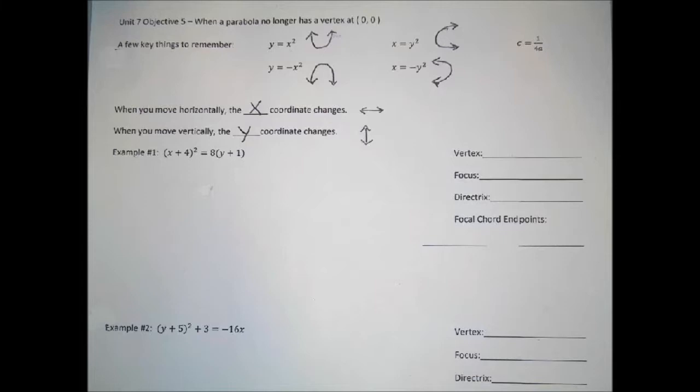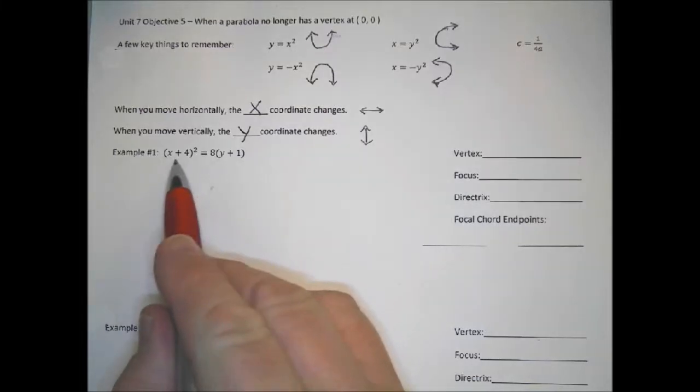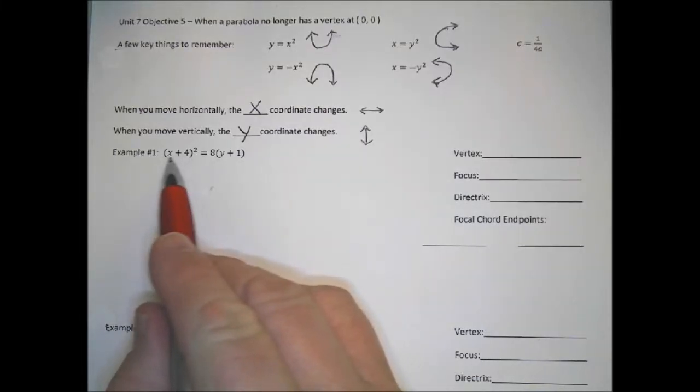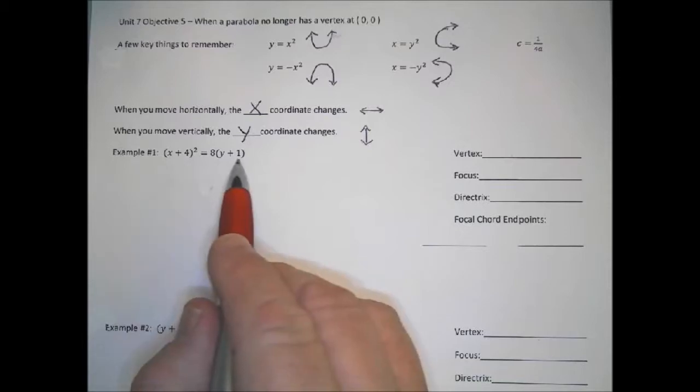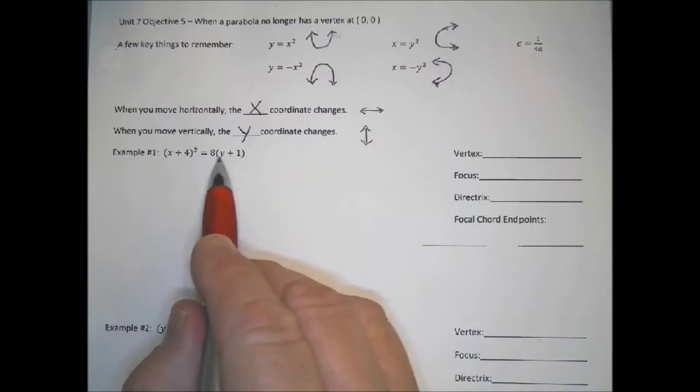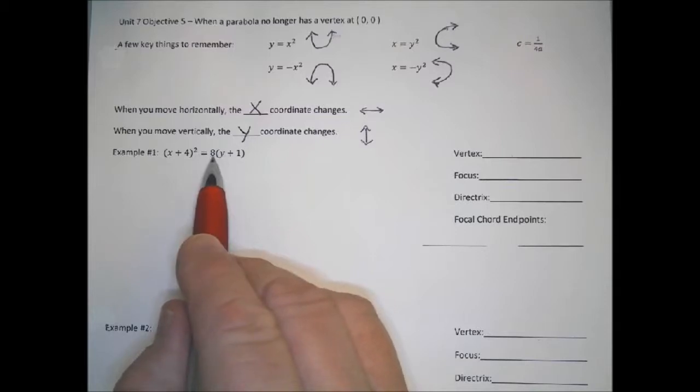So my first example, some of you guys are okay with the parabola in this form. Some of you aren't. So I'm going to change it to the form most people are comfortable with. We know ultimately we're going to solve for y because that's the variable that's getting the first power. So the first thing I've got to do is get rid of that leading coefficient of 8.